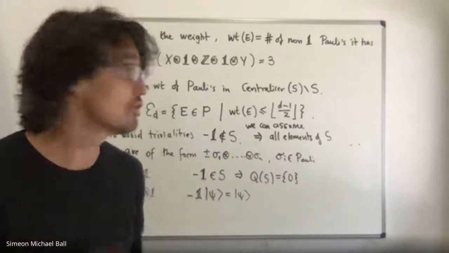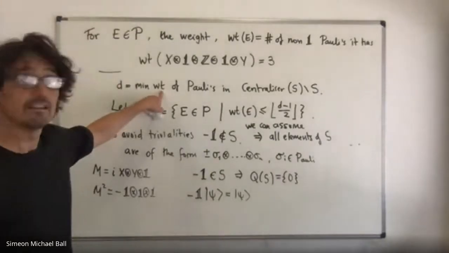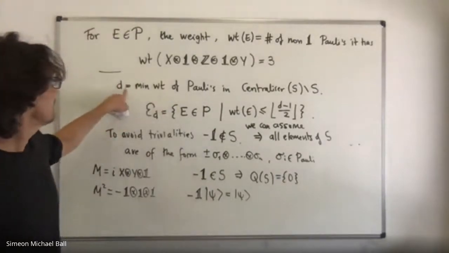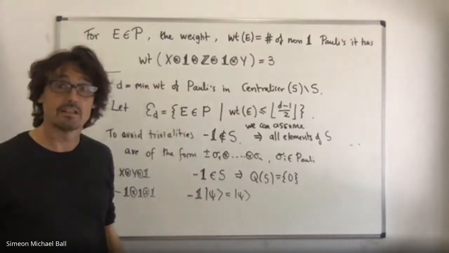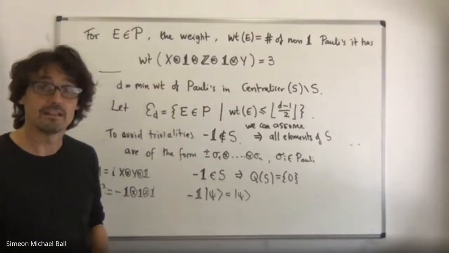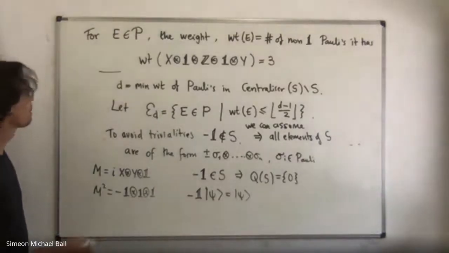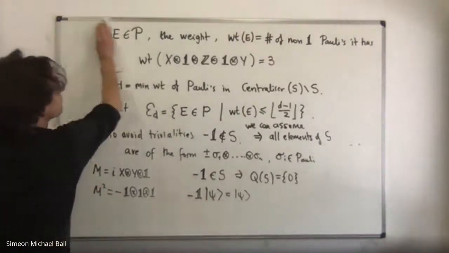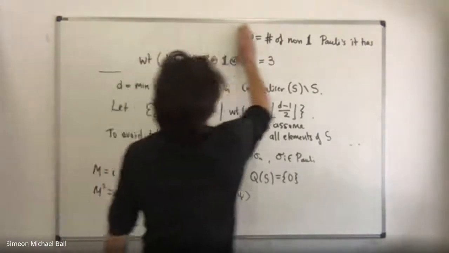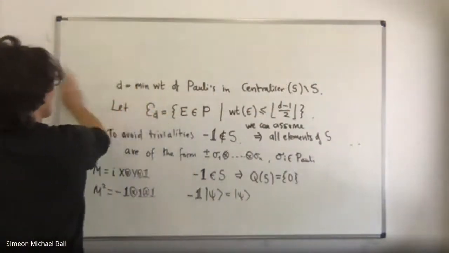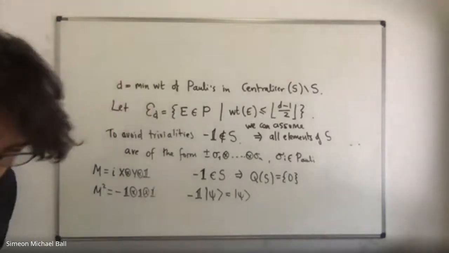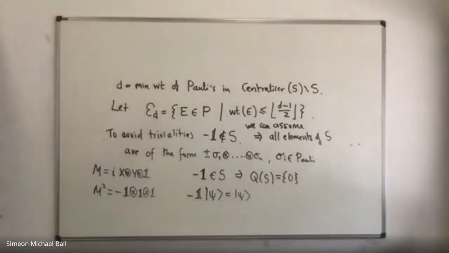So it's not in the centralizer, because the D we define as the minimum weight of the Pauli centralizer. So let's leave that up for the moment, while I write up the theorem.